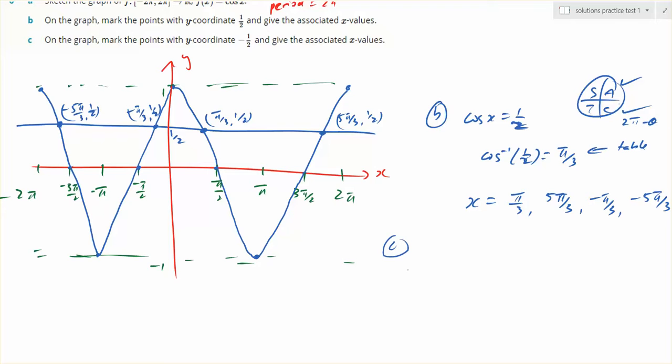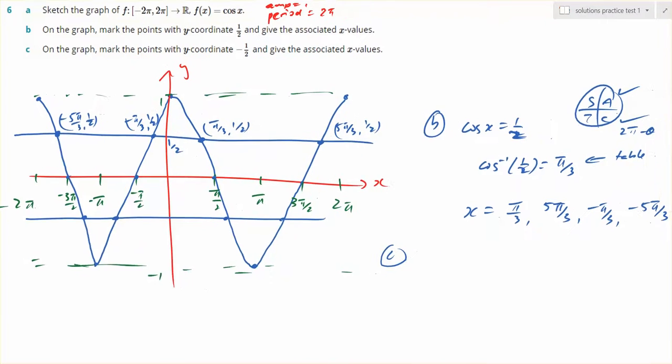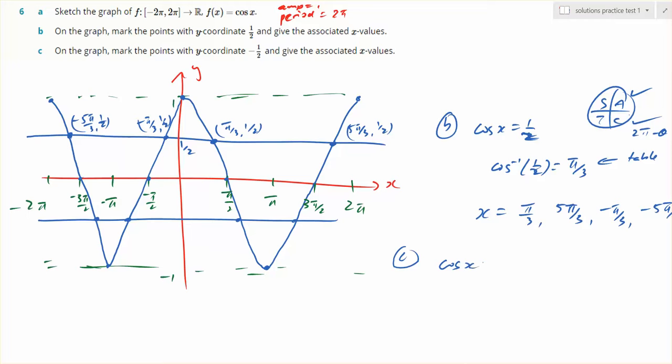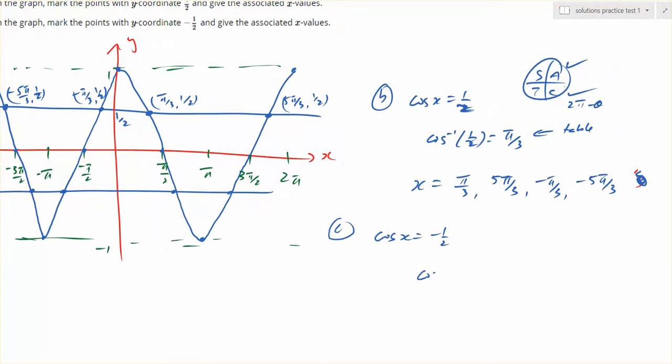For part C, we're trying to mark where the y-coordinate is negative a half. Essentially, negative a half is located here. We go through the same process: solve for when cos of x equals negative a half. I already know my basic angle, which yields the value of a half, is pi over 3.